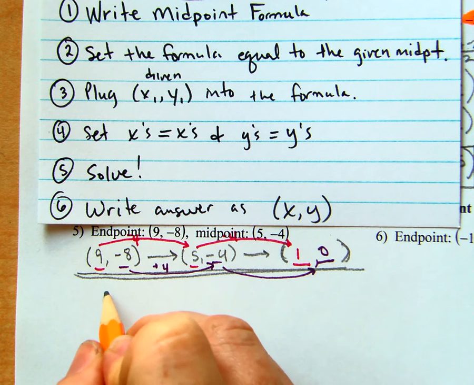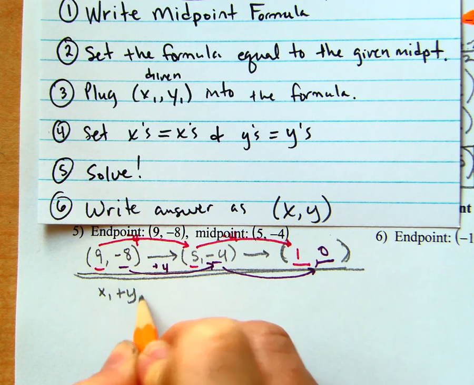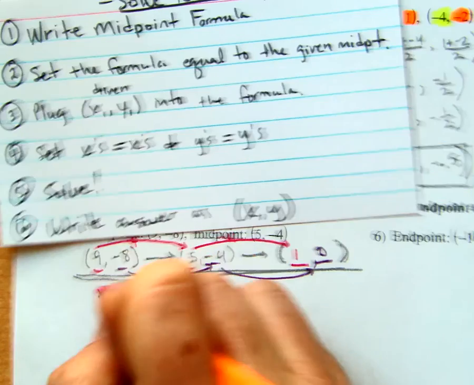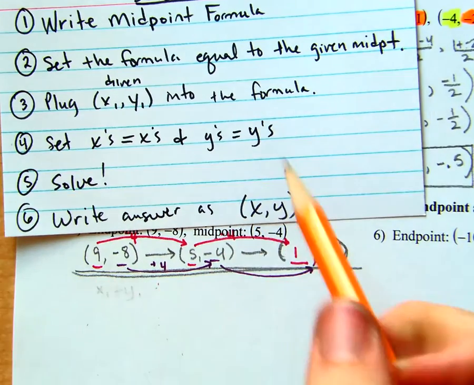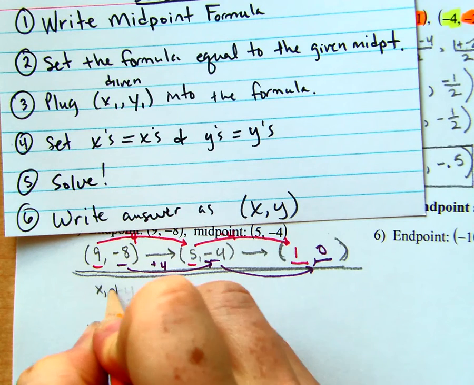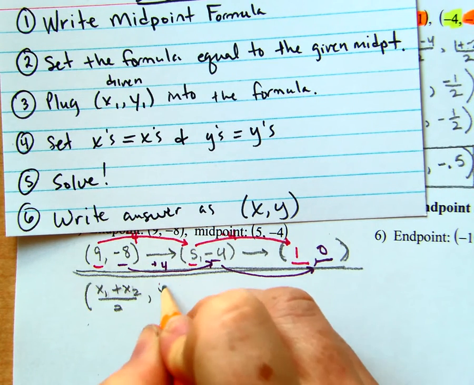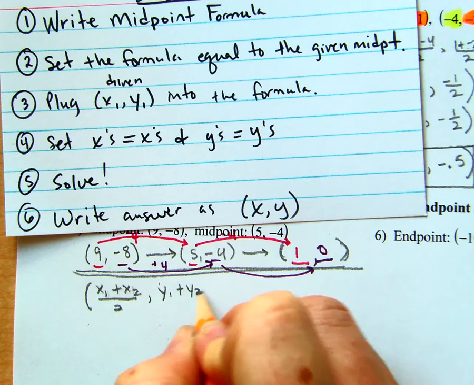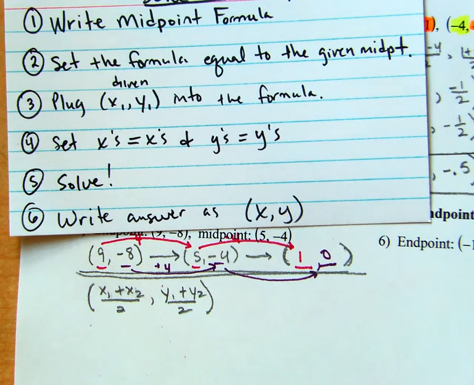Okay? So my midpoint formula is x1 plus x2 divided by 2, and then y1 plus y2 divided by 2. All right, so I write my formula.